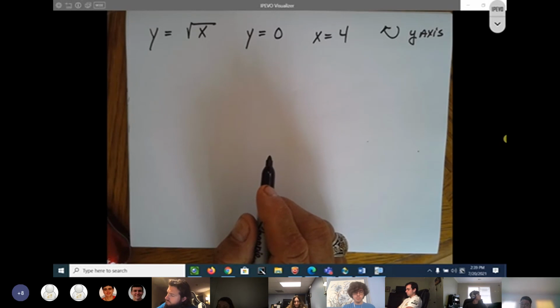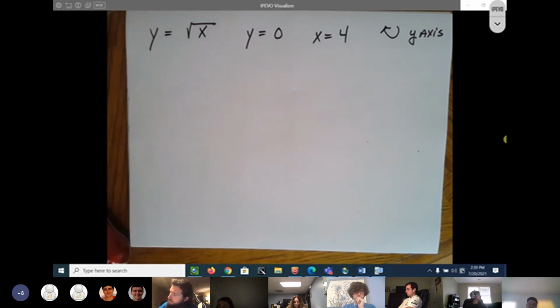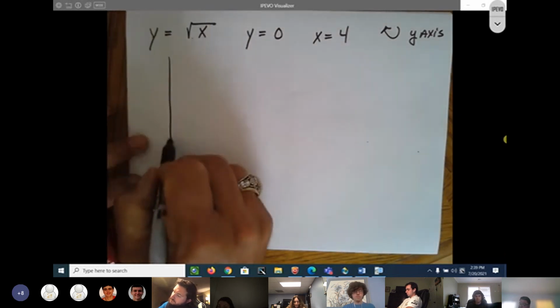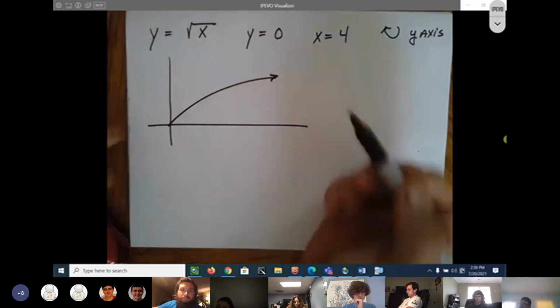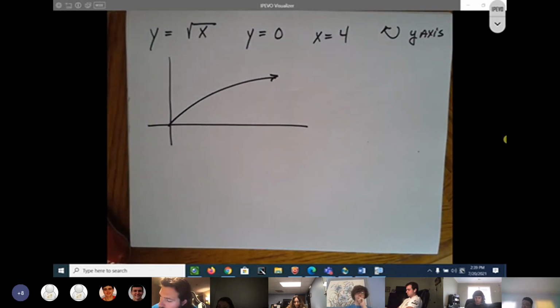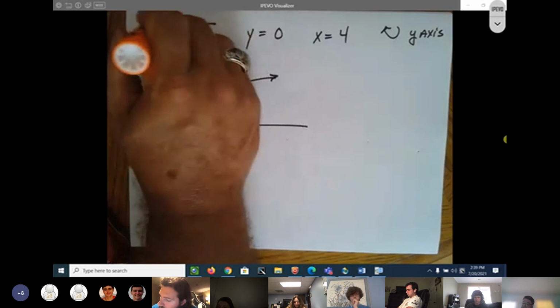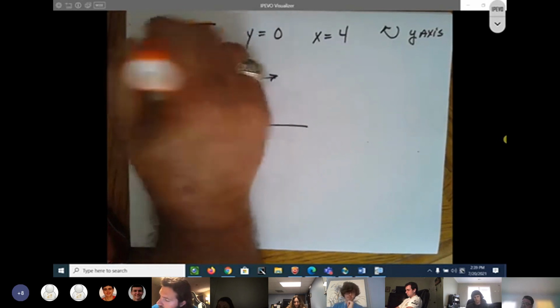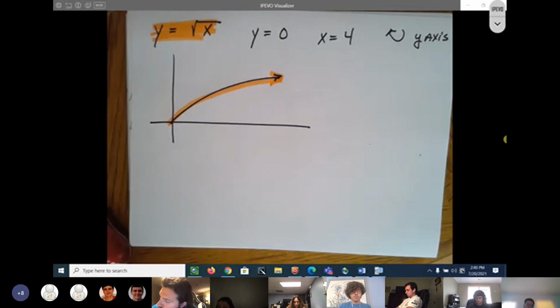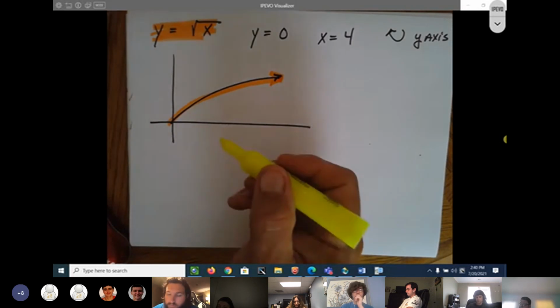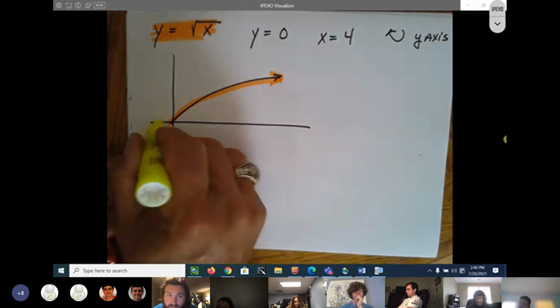So that means we're revolving this guy. Let's see. Square root of x looks like this. y is equal to 0 looks like this. That's the x-axis.